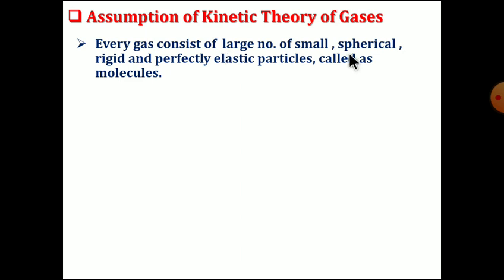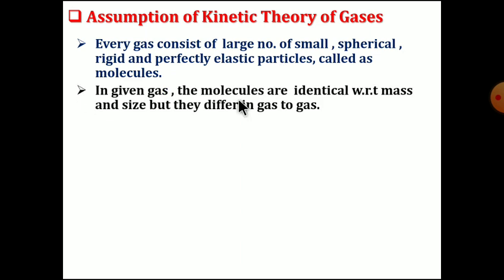These particles are spherical in shape, rigid and perfectly elastic. Therefore, we call these particles molecules. In a given gas, the molecules are identical with respect to mass and size, but they differ from gas to gas.